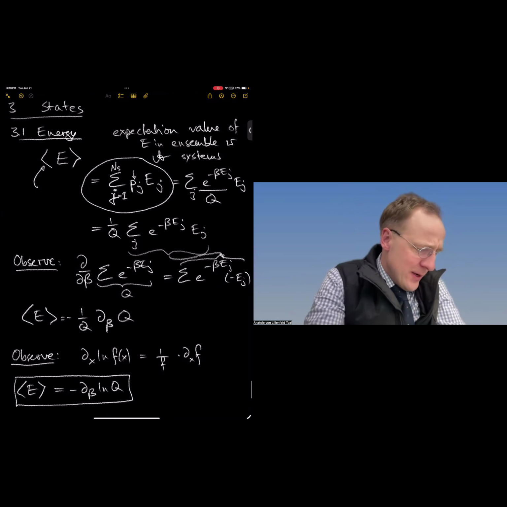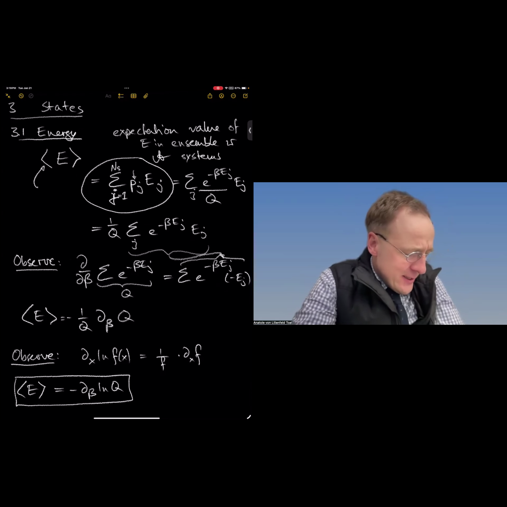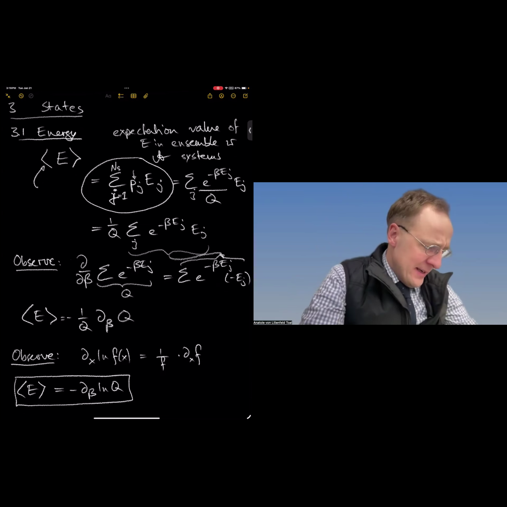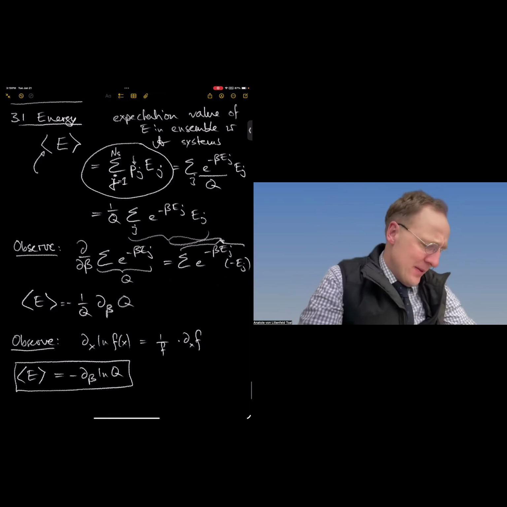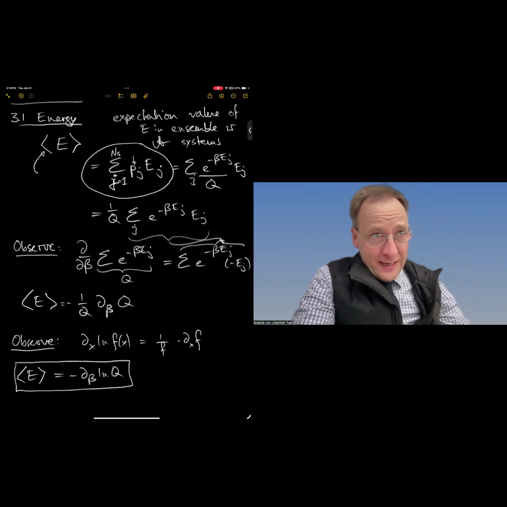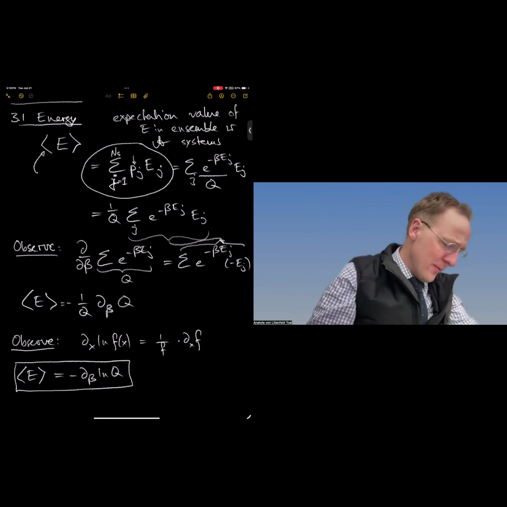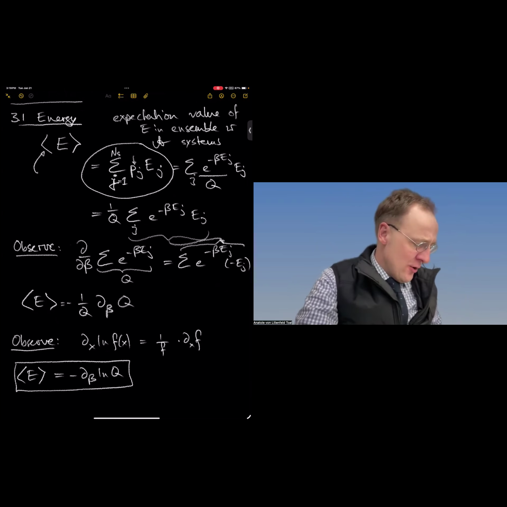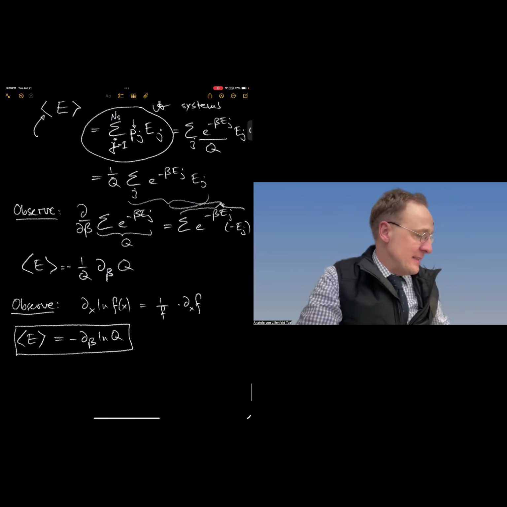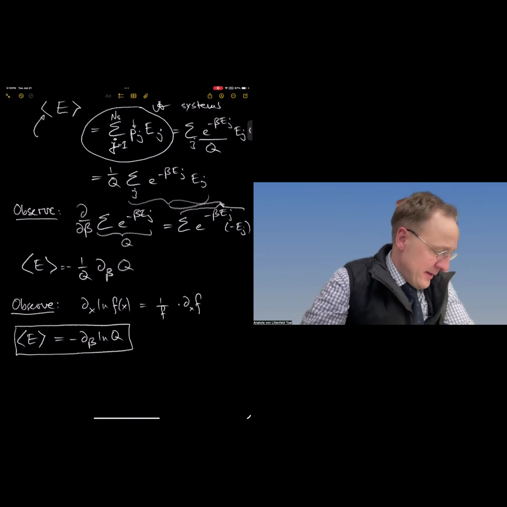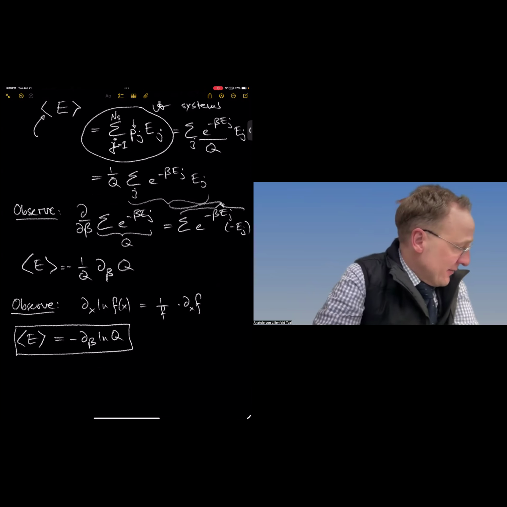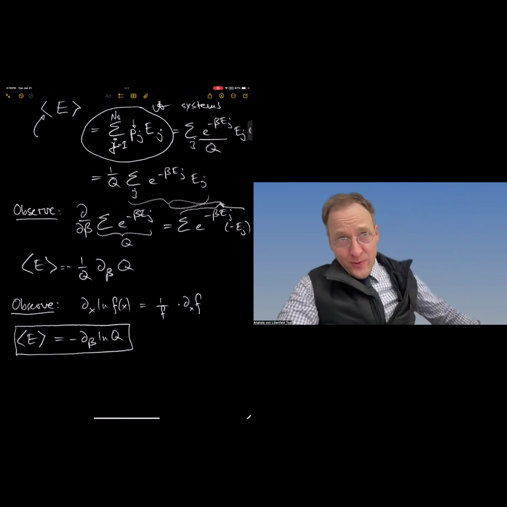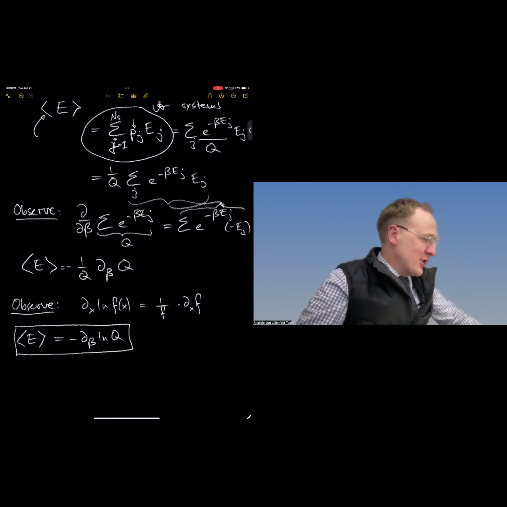So we used this, we inserted our partition function and our Boltzmann factor, and we then realized that this is just what you would get if you differentiated Q with respect to beta. And so the average energy is the negative of this derivative. Now, you might consider beta to be annoying, you rather operate in temperatures instead of inverse temperatures.